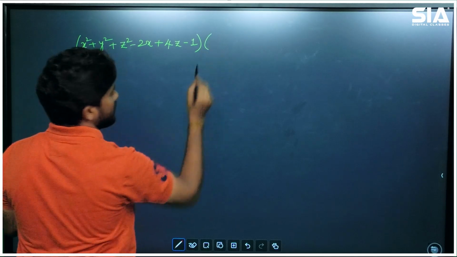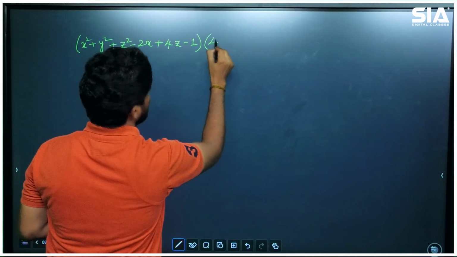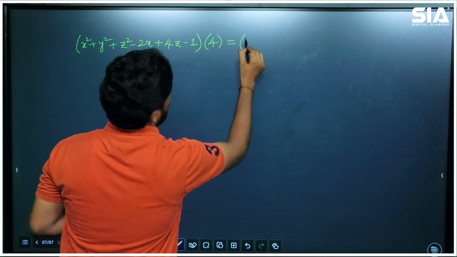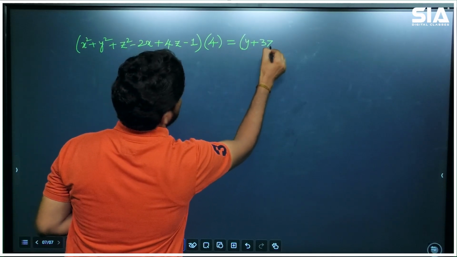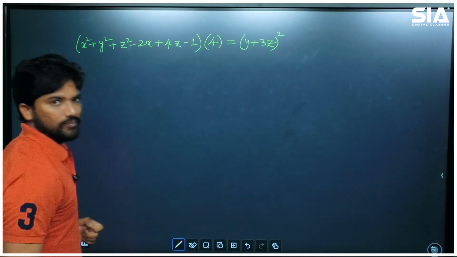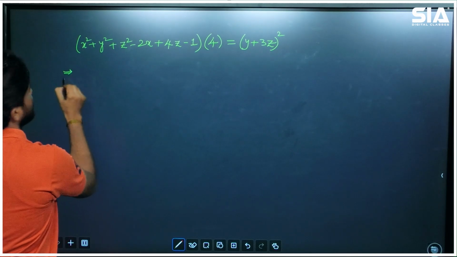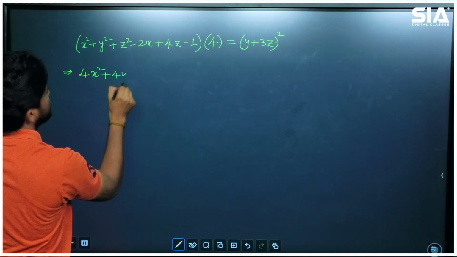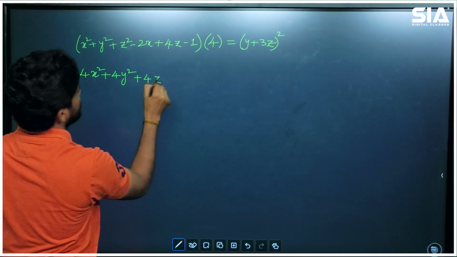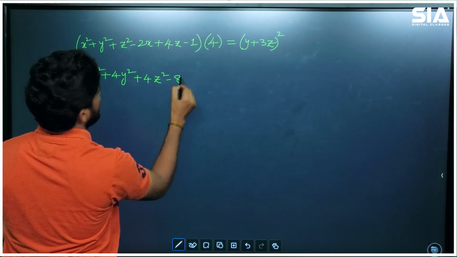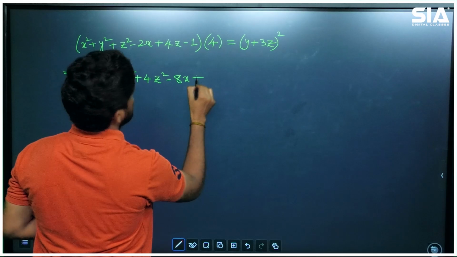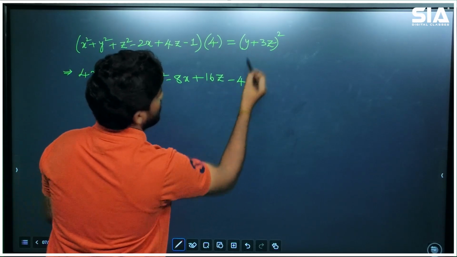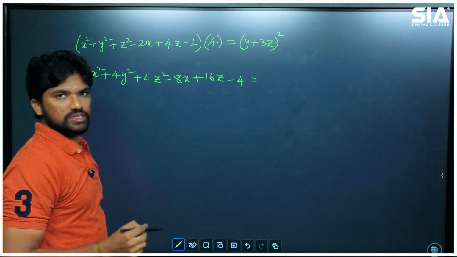Capital S into S of x1. What is S of x1? 4 is equal to capital T. What is the capital T value? y plus 3z, y plus 3z whole square. So now multiply with 4: 4x square plus 4y square plus 4z square minus 4 times 2x, that is 8x, 4 into 4, 16z, minus 4 equal to, it is in the form of a plus b whole square, right?